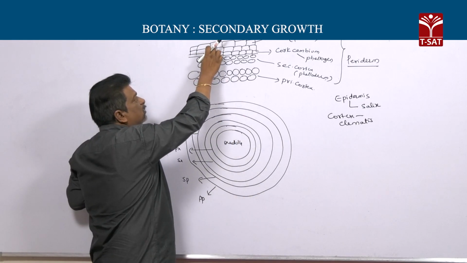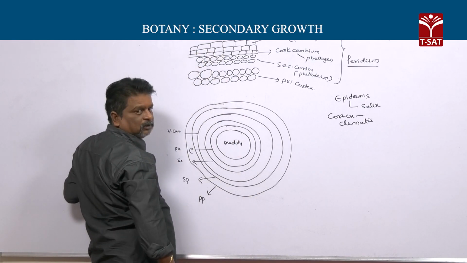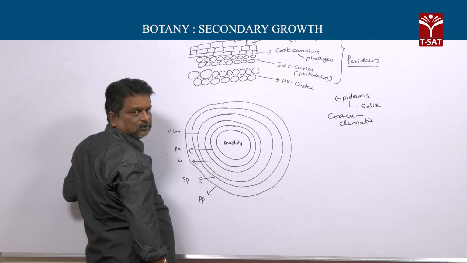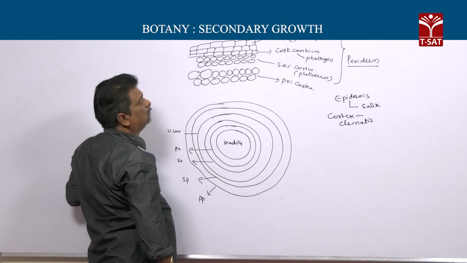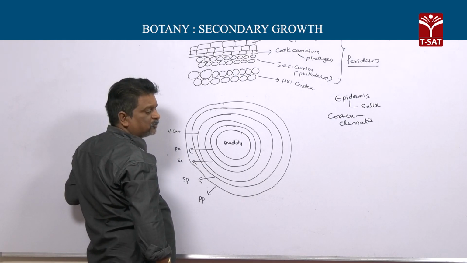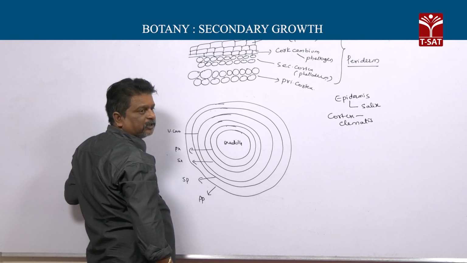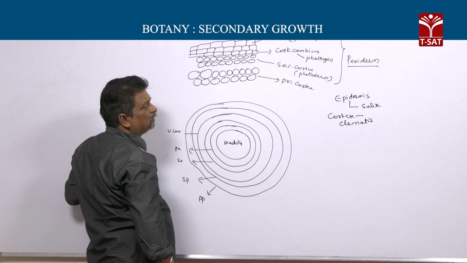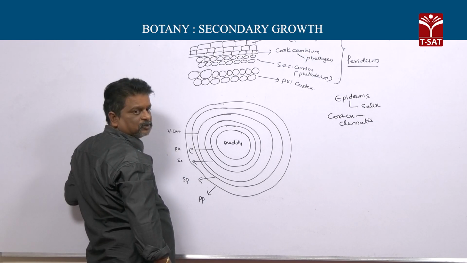Because of suberin, these cork cells are impermeable to water and gases. They are compressible and lighter in weight. They have thermal insulating properties.